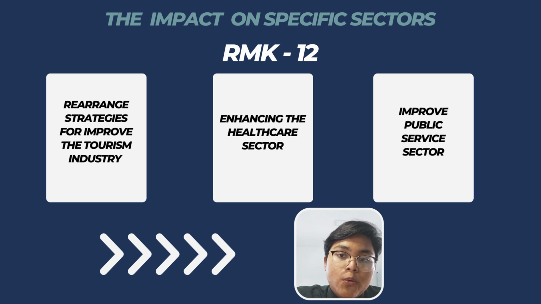Tourism was one of the sectors that was badly affected during the COVID-19 pandemic because people were not allowed to cross international borders. Because of that, our government had arranged strategies to revive the tourism industry by ensuring better quality of products and services and strengthening the Malaysia brand and promotions. This will result in a large number of tourists choosing Malaysia as a travel destination.